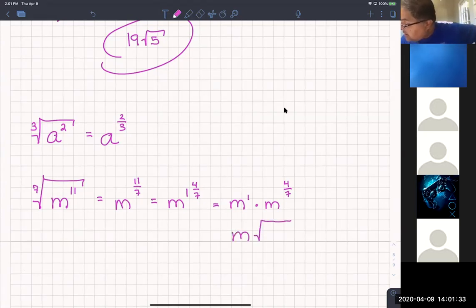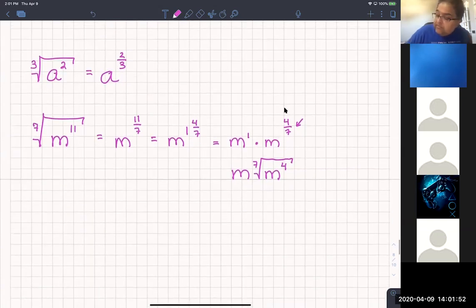Remember, the denominator is the index, the numerator is the exponent. Does everyone understand how we're doing these? Yes. Okay. All right, so let's have you guys try one.